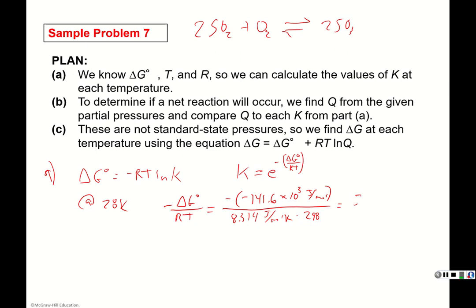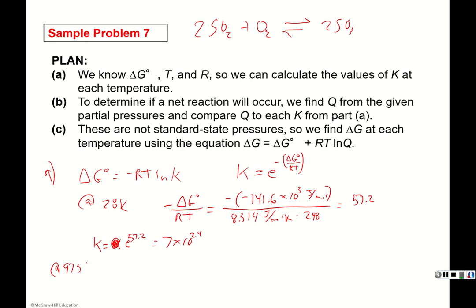That would be 57.2. So K equals e to the 57.2 power, which is something really, really large, 7 times 10 to the 24th. So a very large K at that temperature.